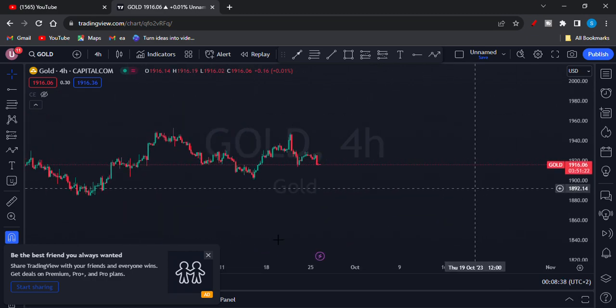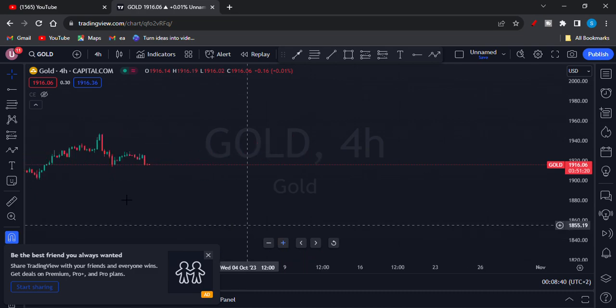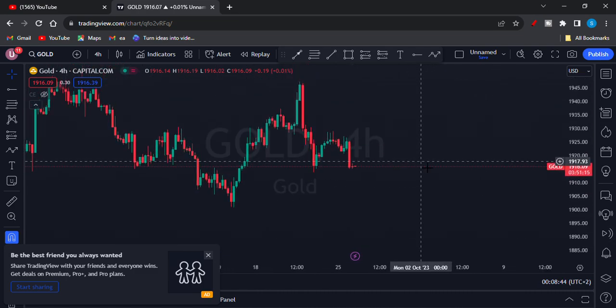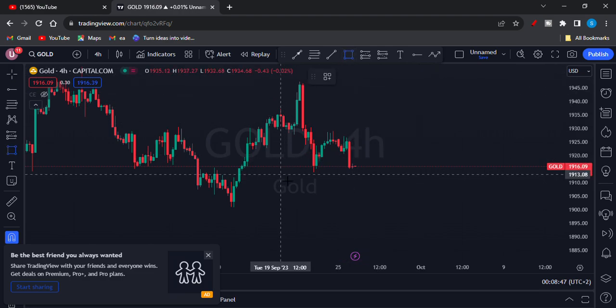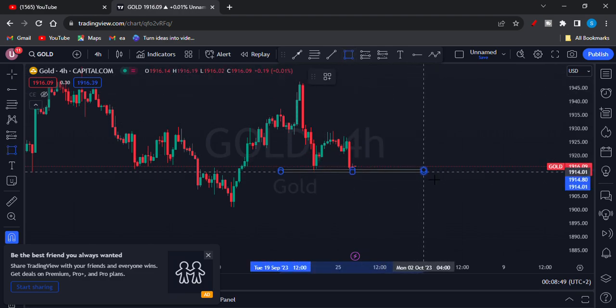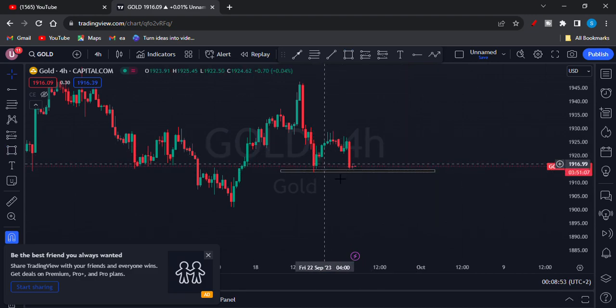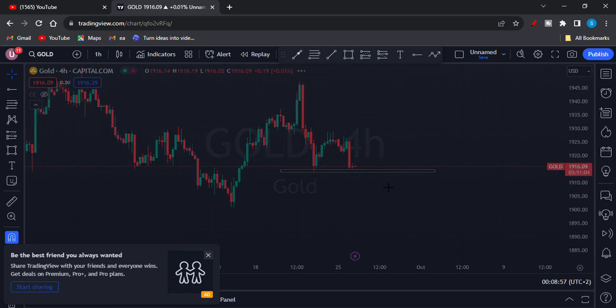Then let me just blow up again. So on the 4-hour, we have this zone right here, being a support area. So let's go to our hourly.